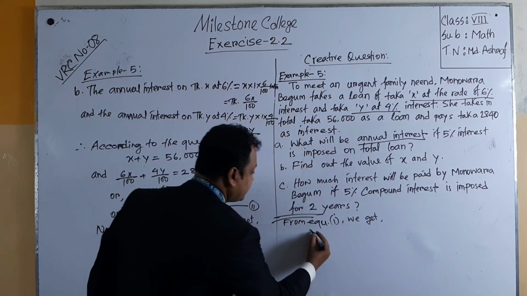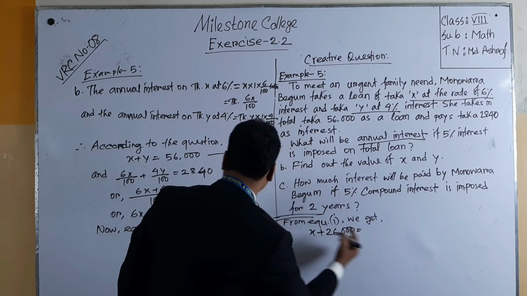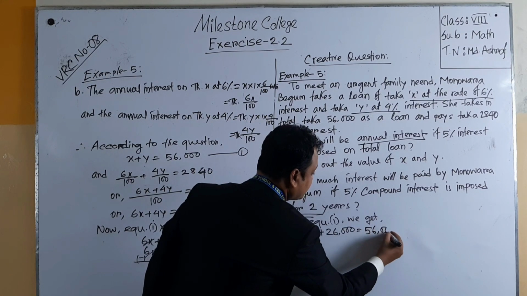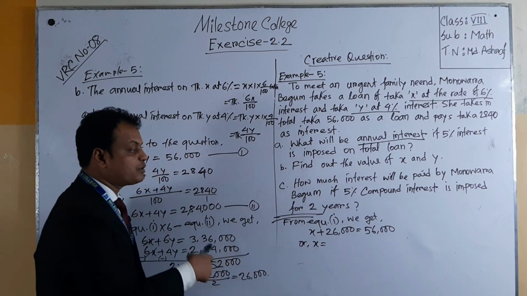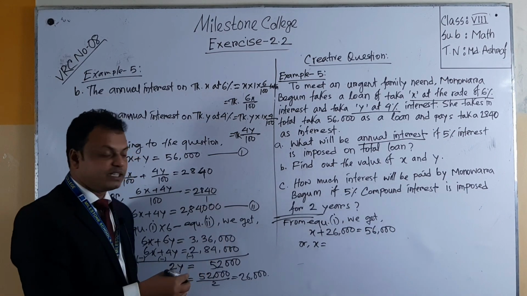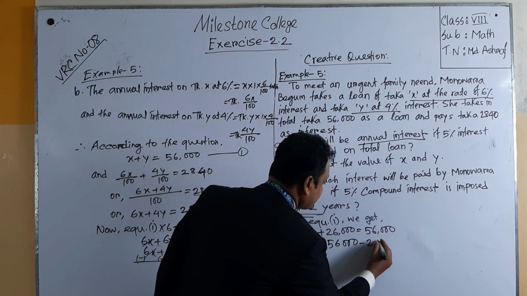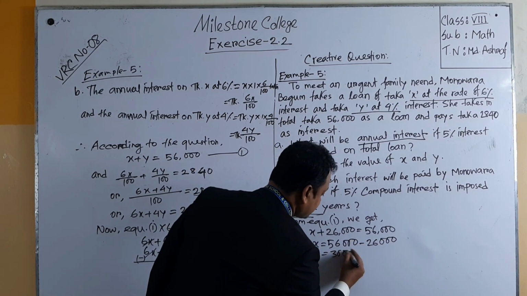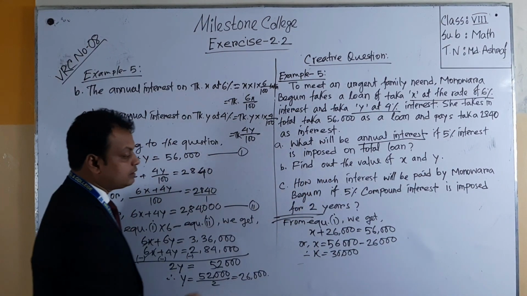So x plus 26,000 equals 56,000. Now what will be x? When 26,000 changes its side, the sign will change. So 56,000 minus 26,000 gives 30,000 taka. Therefore x equals 30,000.